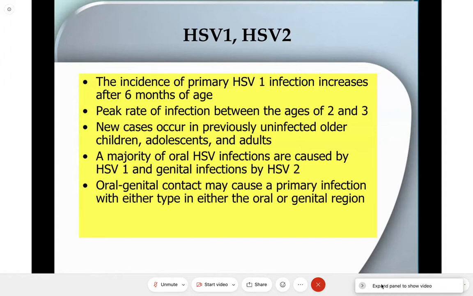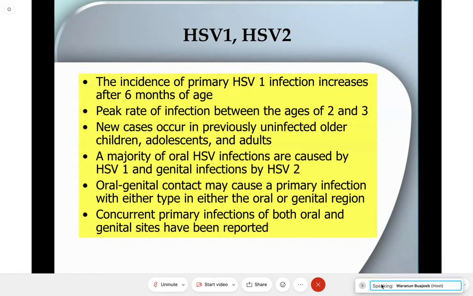This I talked about already. And one important thing, concurrent primary infection of both areas have been reported. So it means that herpes simplex virus can cause primary infection at many organs at the same time or at different times.